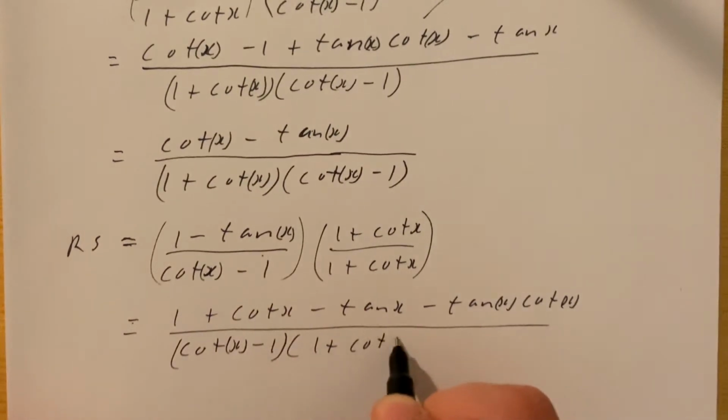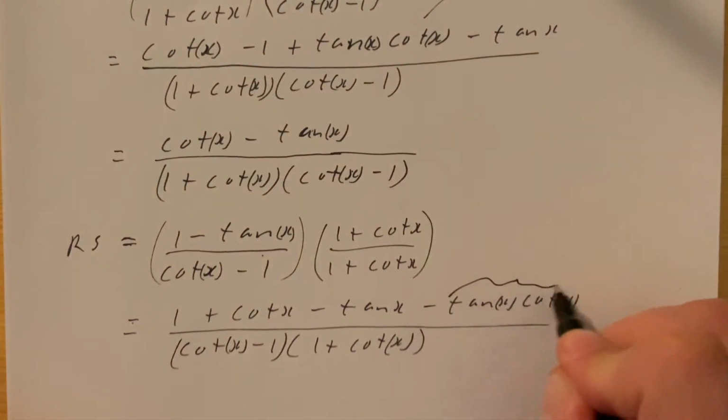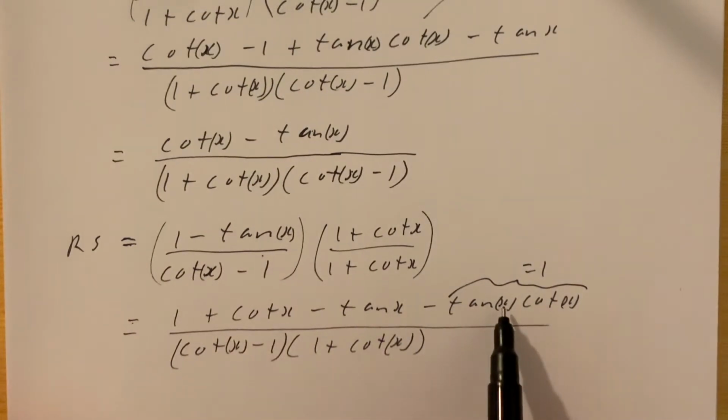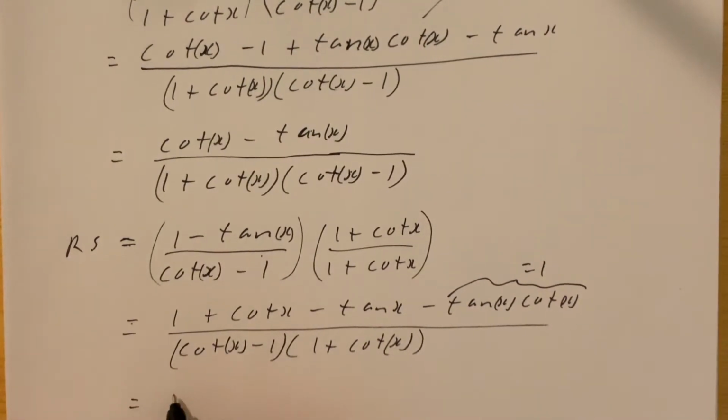Okay. Now this, again, equals 1. And 1 minus 1 is 0. And we end up with cotan x minus tan x on the top, cotan x minus 1 times 1 plus cotan x on the bottom.